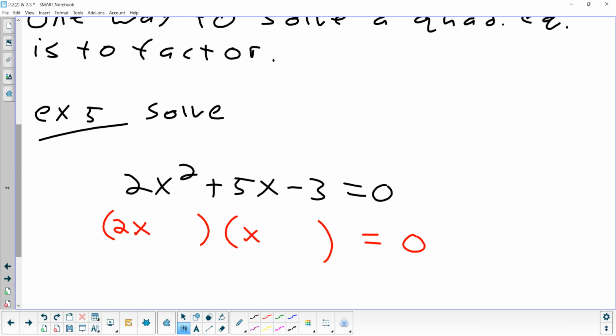And now there's rules. We don't really go through it in pre-cal, but there's rules for factoring. This is the middle term. This is the constant. The middle is positive. The constant is negative. That tells you what you need down here for signs. Does anyone think they can tell me if my signs are plus plus, minus minus, or one of each?